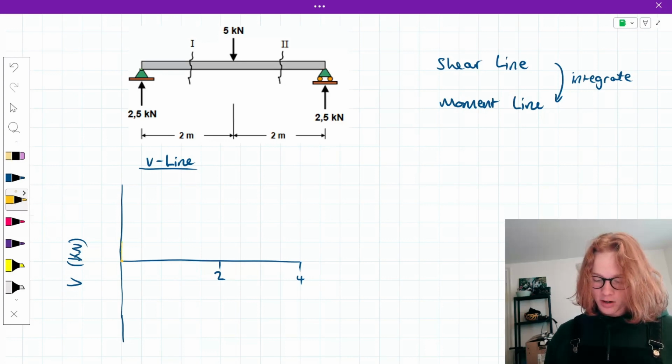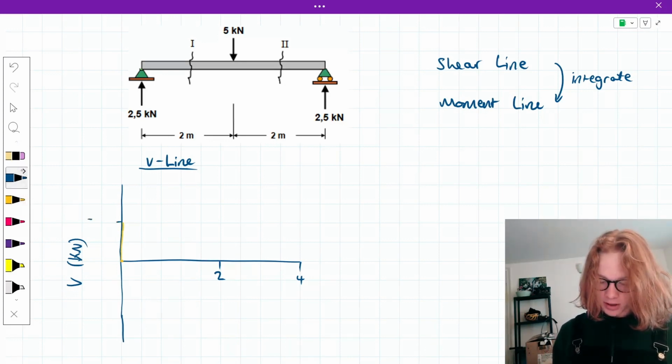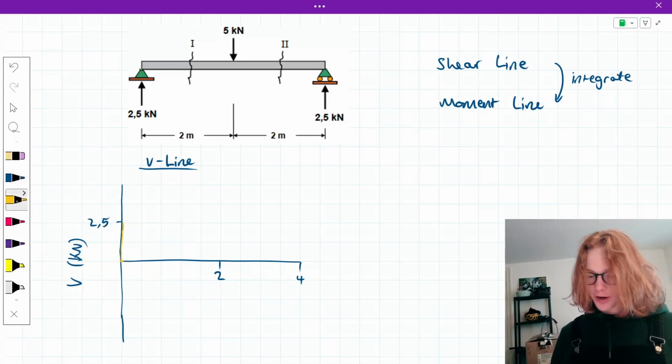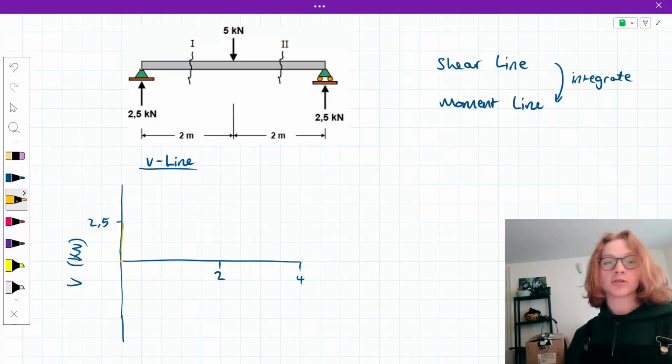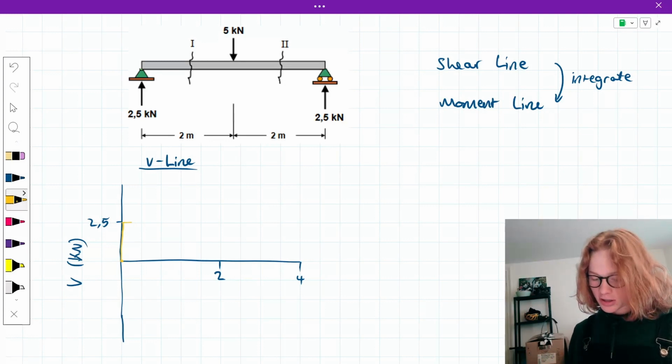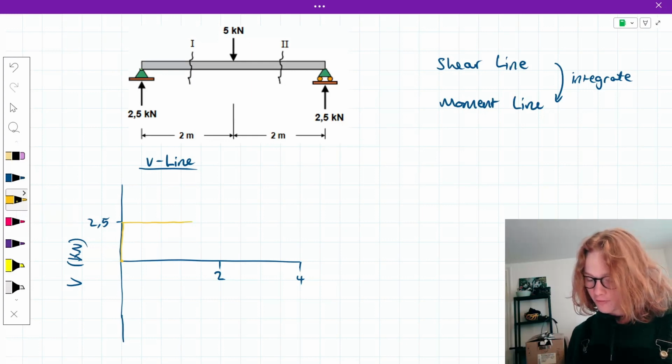Let's mark that on our axes, up to 2.5. Then I don't encounter another external force for 2 meters, so we're just going to stick at our value of 2.5 for 2 meters.